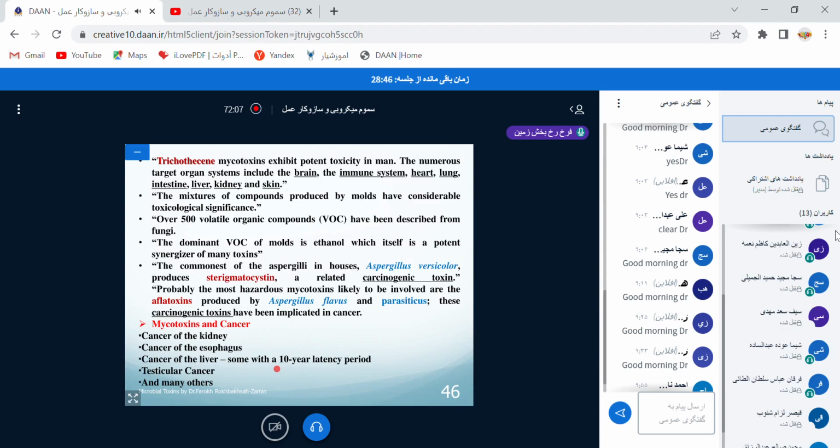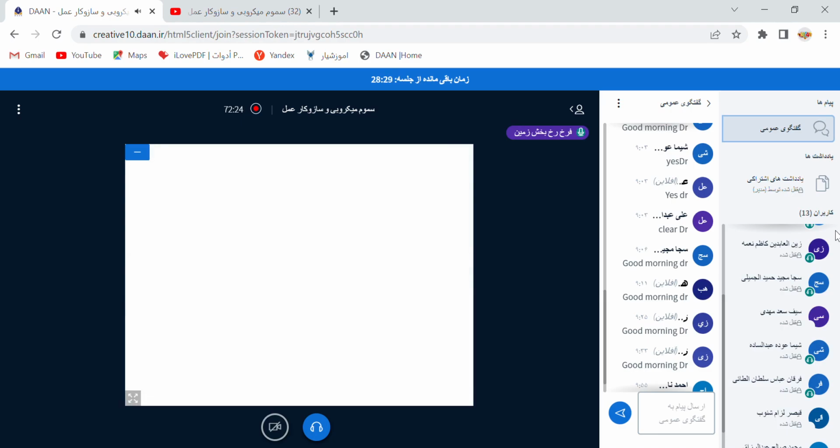They don't have any equipment at home and they cannot see. Mycotoxins are too small to see, yes? So different cancers can start from them.